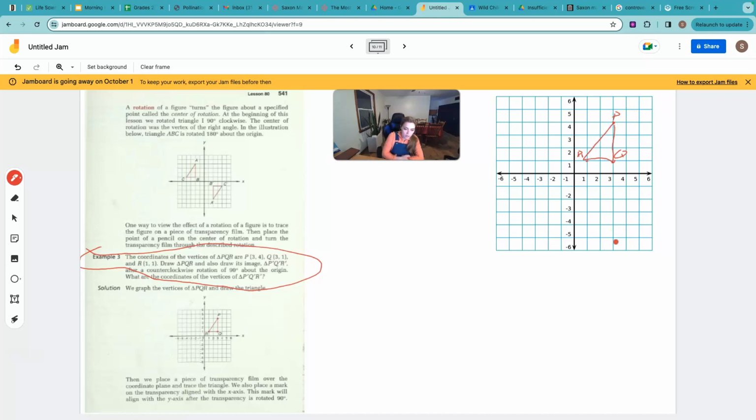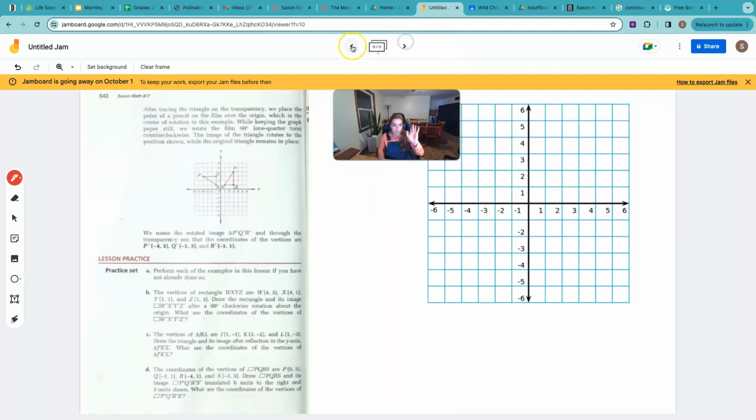It says draw a triangle PQR and also its image, P prime, Q prime, R prime, after a counterclockwise rotation of 90 degrees about the origin. What are the coordinates of the vertices of PQR? Now, when we're talking about the origin here, let me make sure I'm correct.